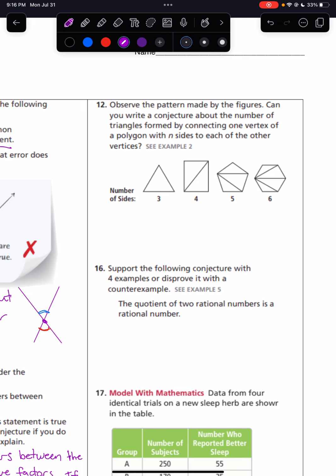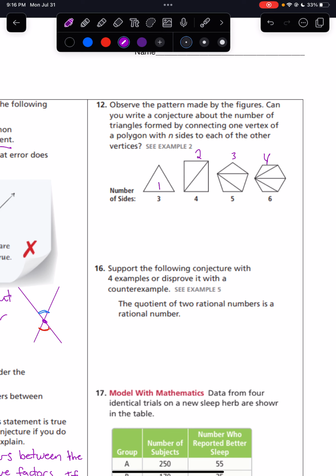So they're saying if I start with a vertex and I connect it to the other vertexes, how many triangles can I make? So here, with just a triangle, you're only going to be able to make one triangle. You can't cut that anymore. With a four-sided shape, of course, you're going to make two triangles. A 5-sided shape will be 3 triangles, and a 6-sided shape will be 4 triangles.